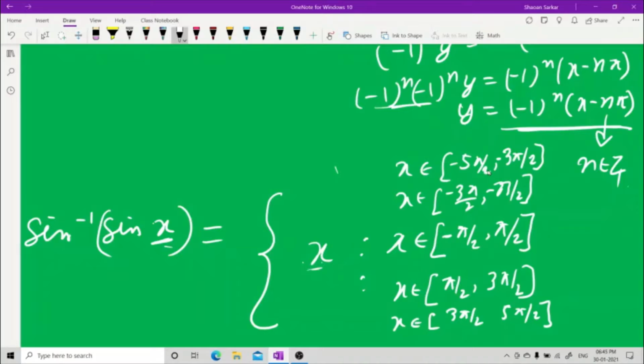Now see, you put n equal to 0. Put 0 here, you will get x. Put n equal to 1, what do you get?